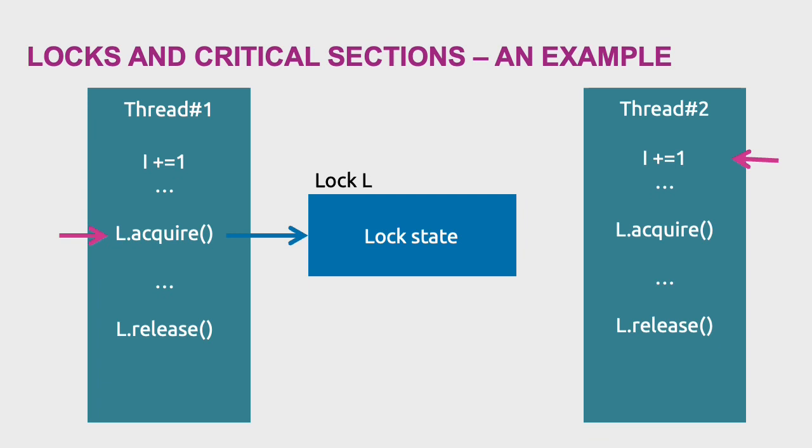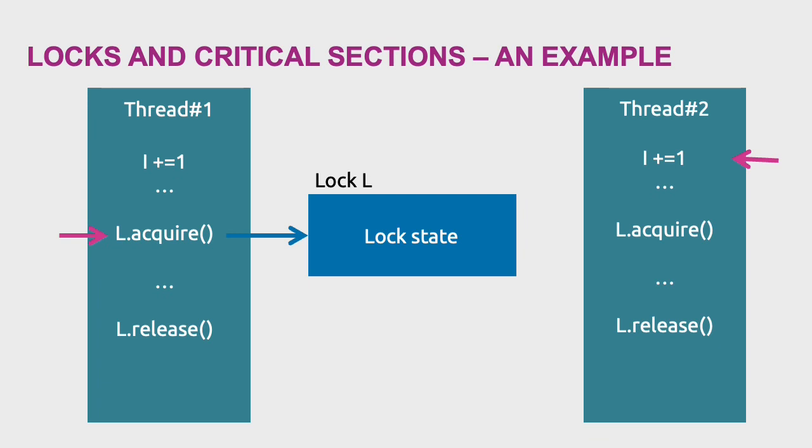We see in this animation that thread 1 acquires the lock, and by invoking the acquire method of the lock L, it sets it to its locked state.